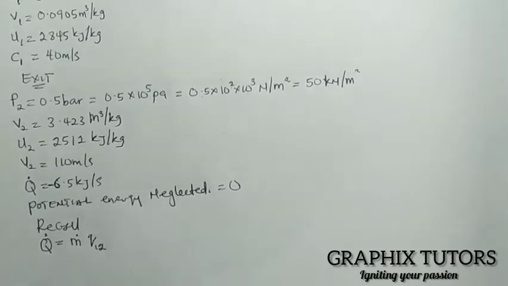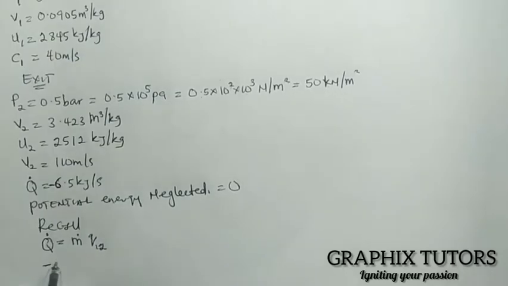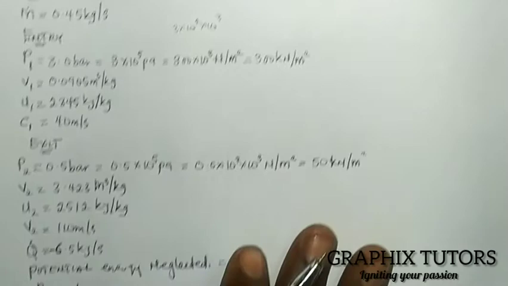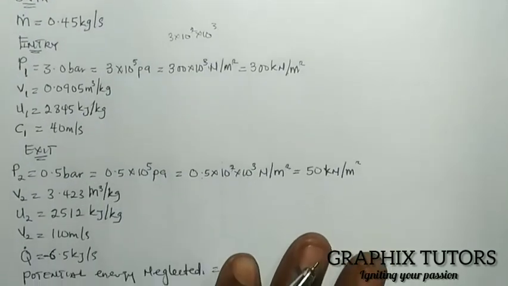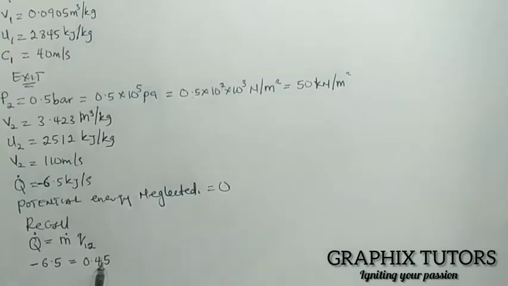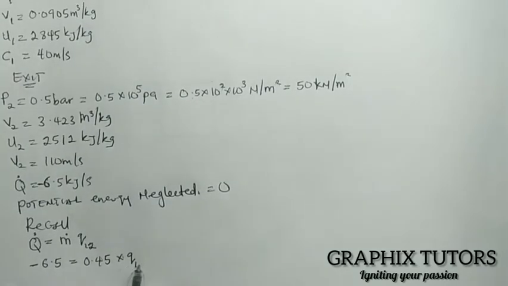So my heat rate is minus 6.5 equals the mass rate, which is given as 0.45, multiplied by Q12.